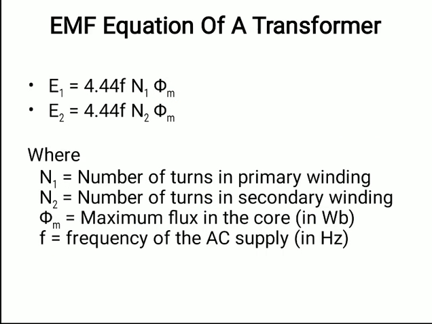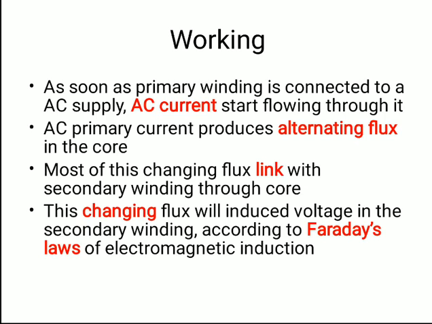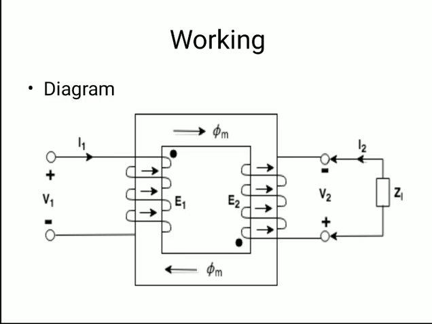And phi m is the maximum flux which is flowing in that core.